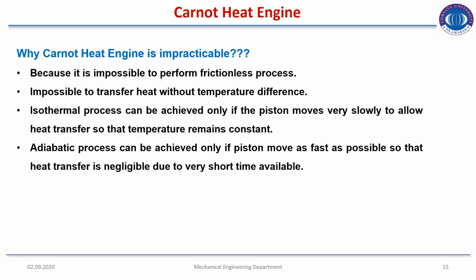We have also neglected frictional effects, and heat transfer with very small temperature difference is assumed. Isothermal process should be performed very slowly, and adiabatic process should be performed very fast. Therefore all these are the reasons behind the Carnot heat engine being impracticable.